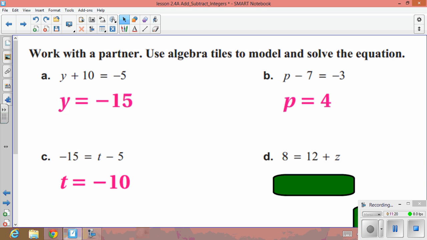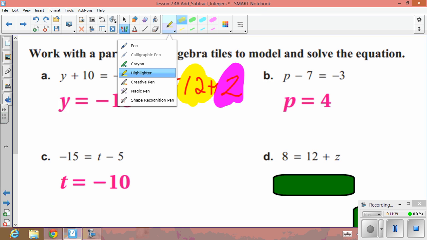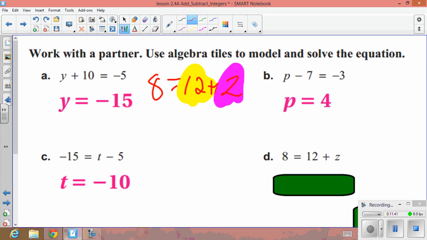And for the last one, I'll show you the same way. We have 8 equals 12 plus z. Remember, our goal is to isolate this variable. What's in the way of that? This 12. In order to get rid of the 12, we take the opposite, or inverse.